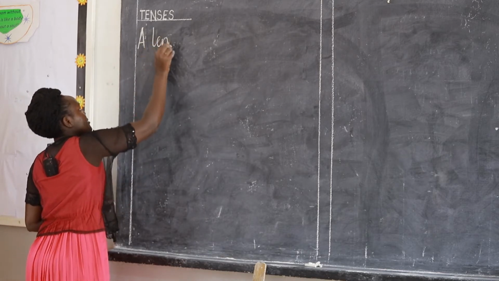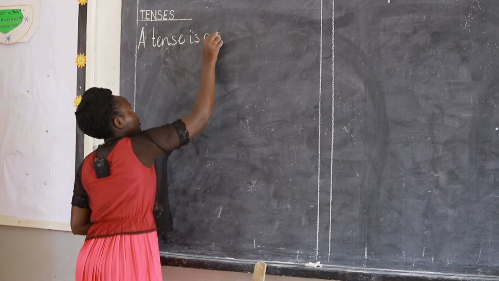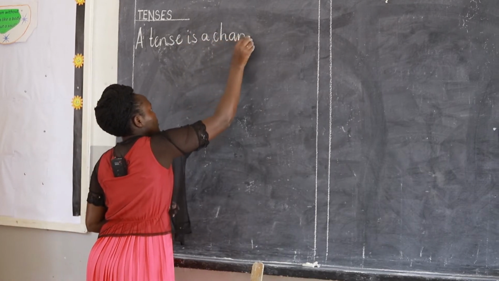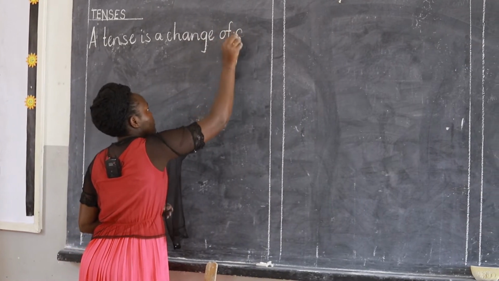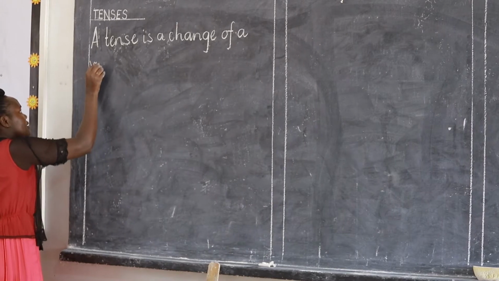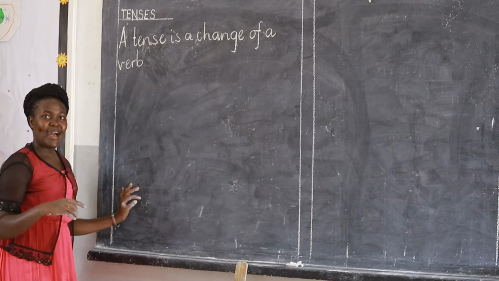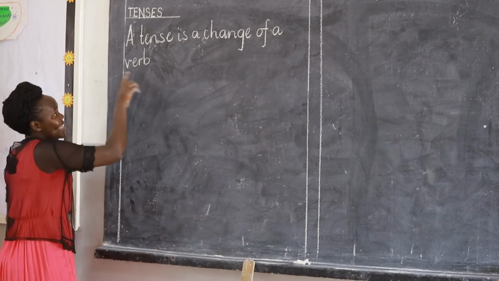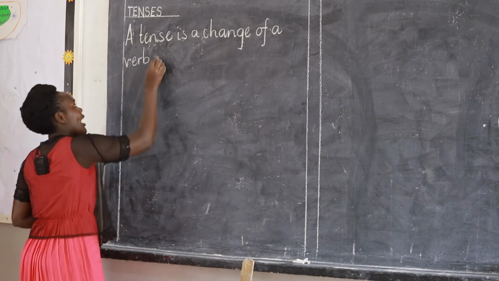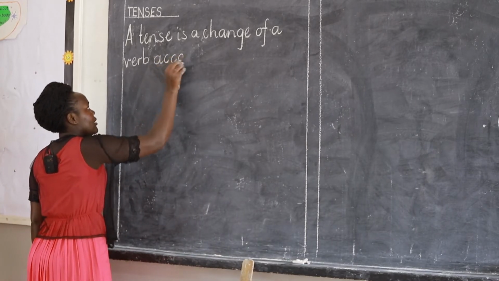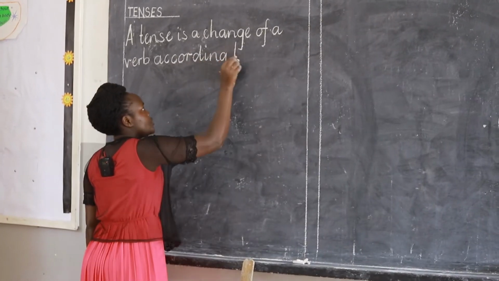A tense is a change of a verb. Remember, a verb is an action word, a doing word. So, a tense is a change of that action word, the doing word, according to time.